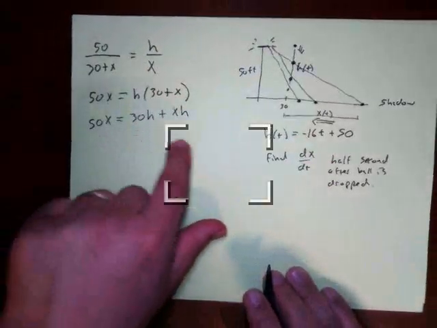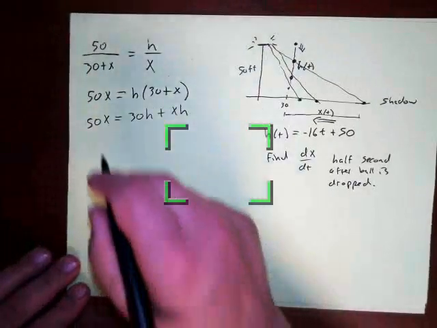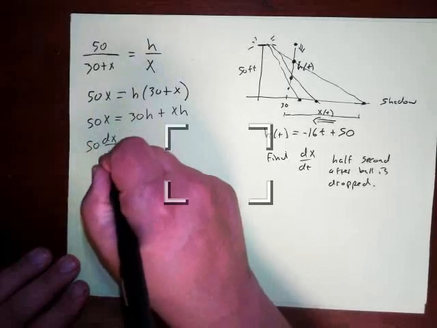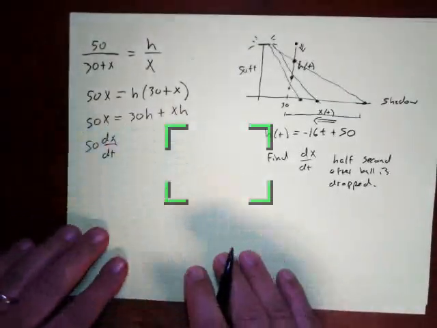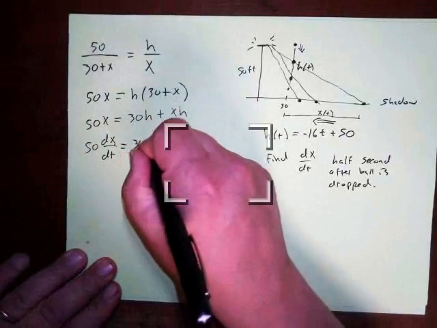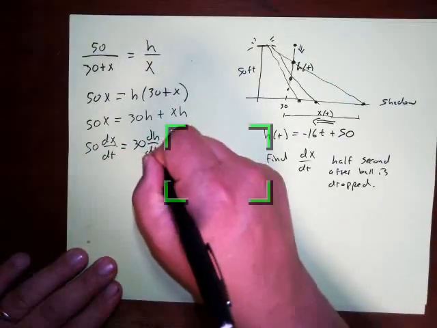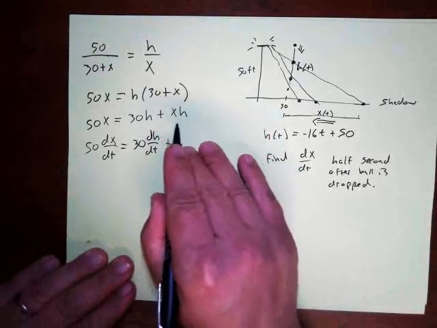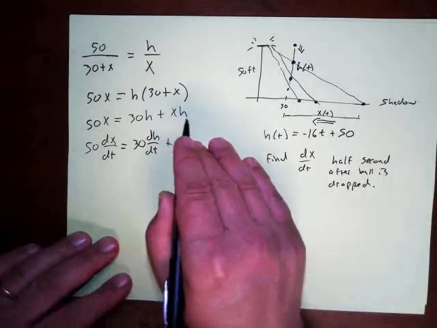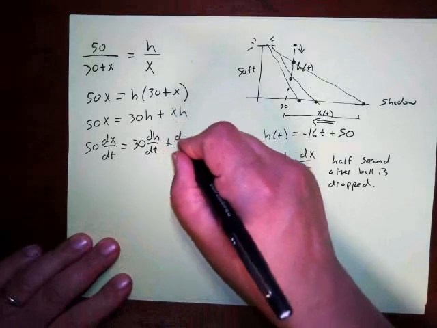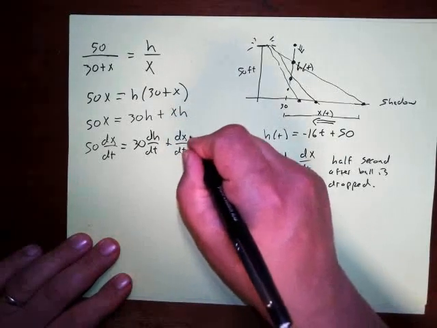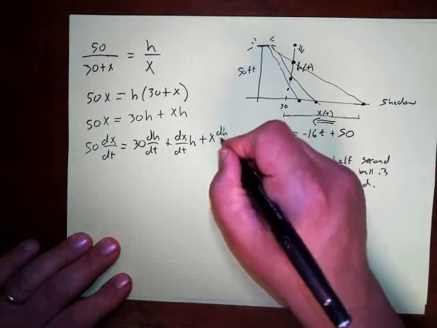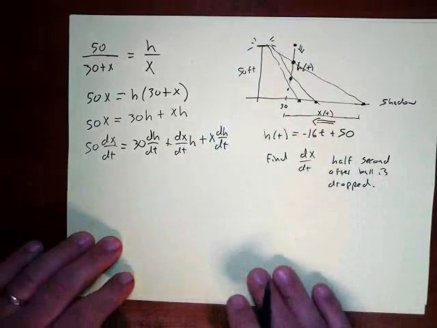Now I'm going to take the derivative of both sides with respect to t. This side would just be 50 dx/dt. And this side would be 30 dh/dt, and then for this piece I need the product rule, because we have x of t and h of t. So I would have dx/dt times h plus x times dh/dt.